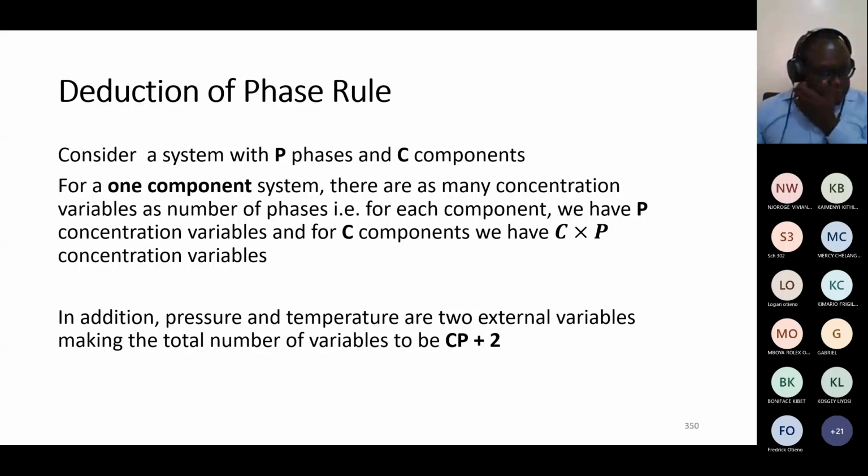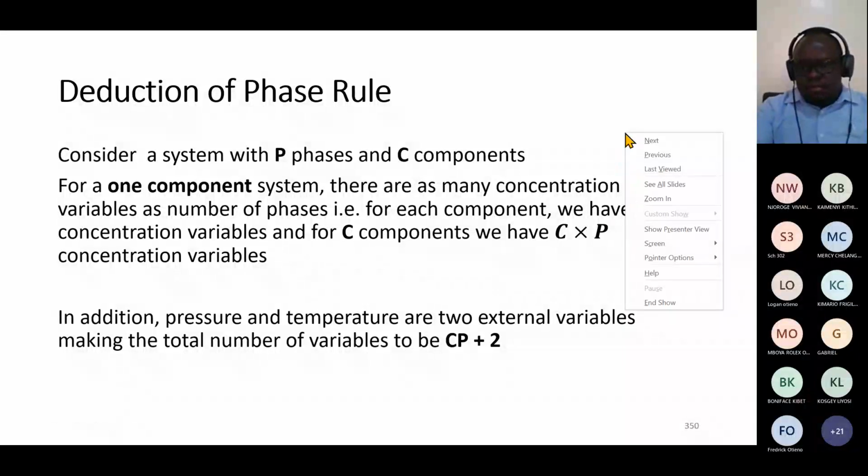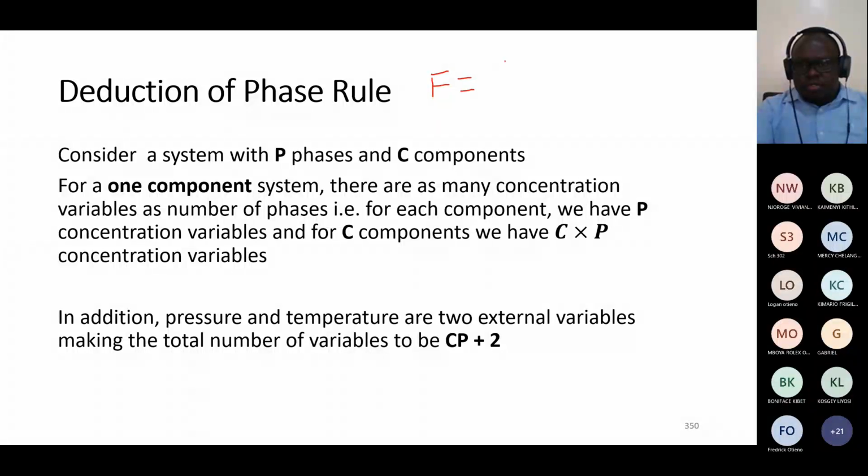Okay, so I think we have said what the phase rule is. That the phase rule is given by F equals C minus P plus 2.